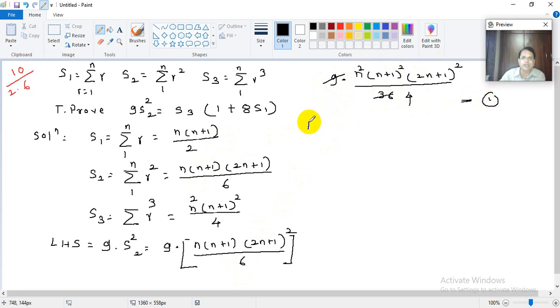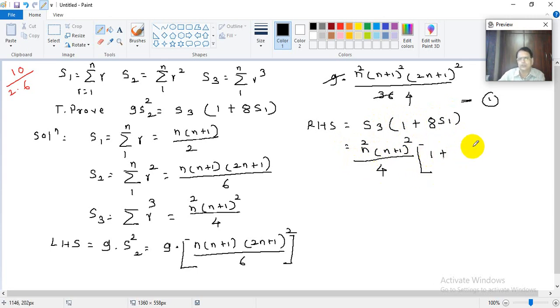Now try to calculate the right hand side. What is the right hand side? It is S3 into bracket 1 plus 8 into S1. S3 is n squared, n plus 1 bracket squared upon 4, into bracket 1 plus 8 into S1. Use the formula for S1, n into n plus 1 upon 2.